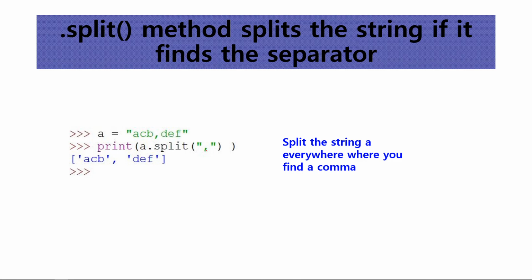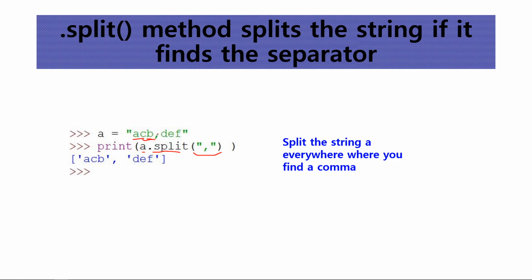So it simply says, take my A string and cut it everywhere you find a comma, and give me all the pieces, all the segments which I obtained by cutting it. So it will take A, start reading it from the front, going all the way. I meet a comma, so I have to cut at this point.